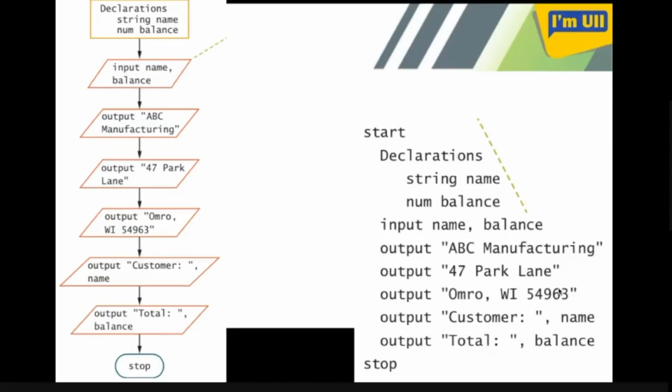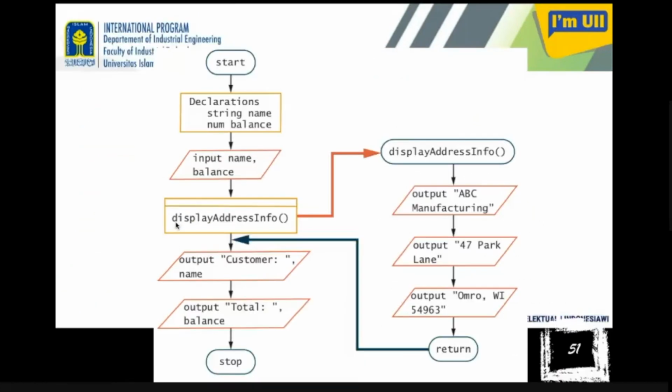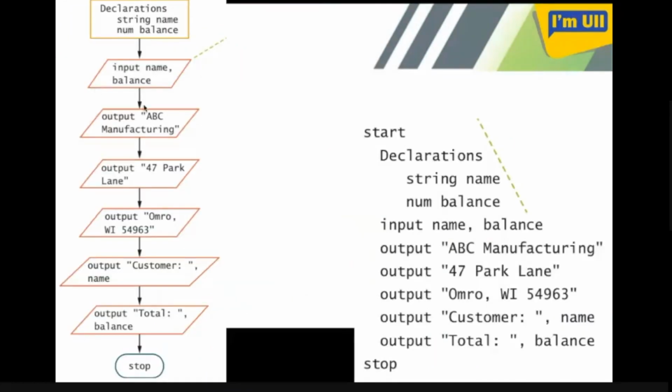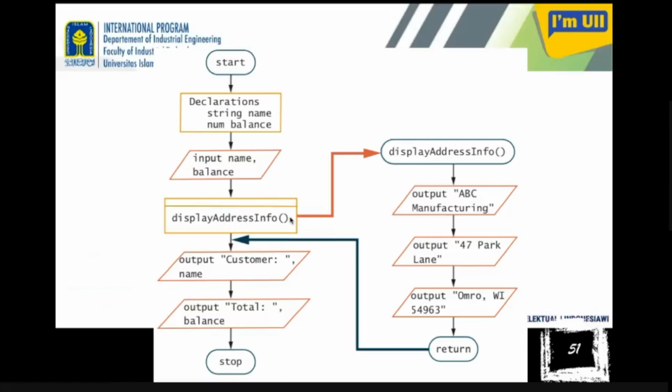Now, if you want to write this set of statements in pseudocode, it looks like this. This is the flowchart, and this is the pseudocode of the corresponding flowchart. Now, as per modularization, instead of displaying these statements one by one, you can write a module that displays address information.